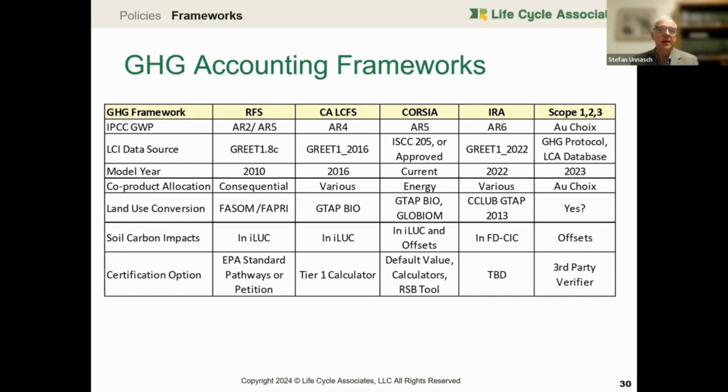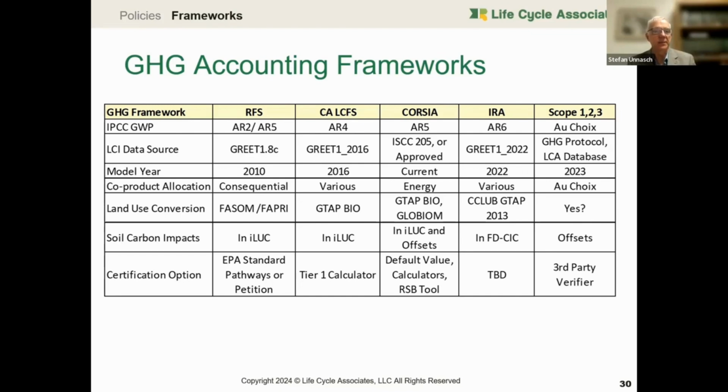There's also upstream life cycle data, which we'll talk a little bit more about later, and there's various models that you can use to calculate effectively the scope 3 emissions that correspond to your fuels. And there's also different analysis years, different LCA methods, which we'll talk about.